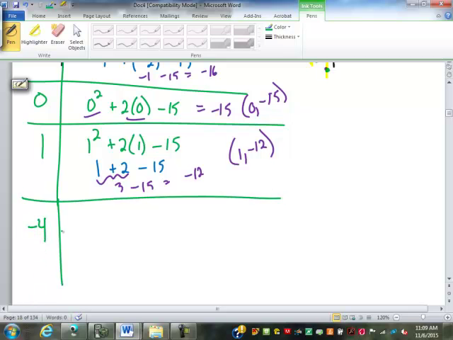So x equals negative 4. So we're at negative 4 squared plus 2 times negative 4, and then minus 15. In your notes, find what this comes out to be here for y.